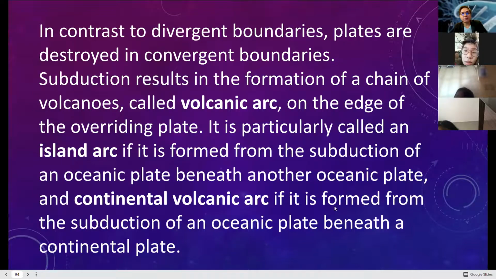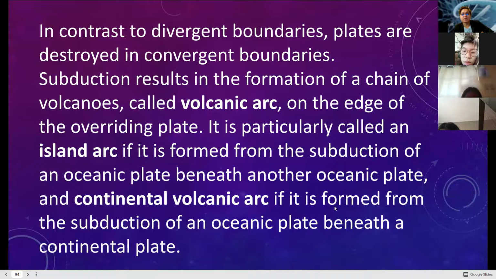In contrast to divergent boundaries, plates are destroyed in convergent boundaries because the plates are bumping with each other. Subduction results in the formation of a chain of volcanoes, or volcanic arc.